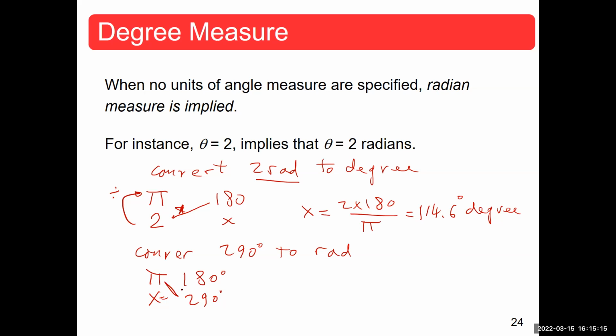multiply, divided by. So X equal pi multiplied by 290 divided by 180.